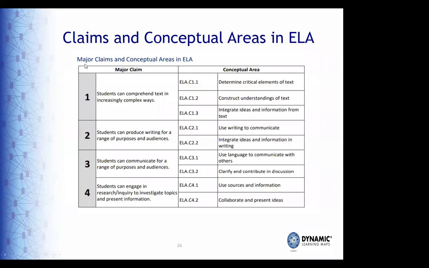So here's the major claims and conceptual areas for English language arts. Major claim is going to look like your annual goal in the student's IEP, their academic goal. The conceptual area is going to be similar to the objective or the benchmark.